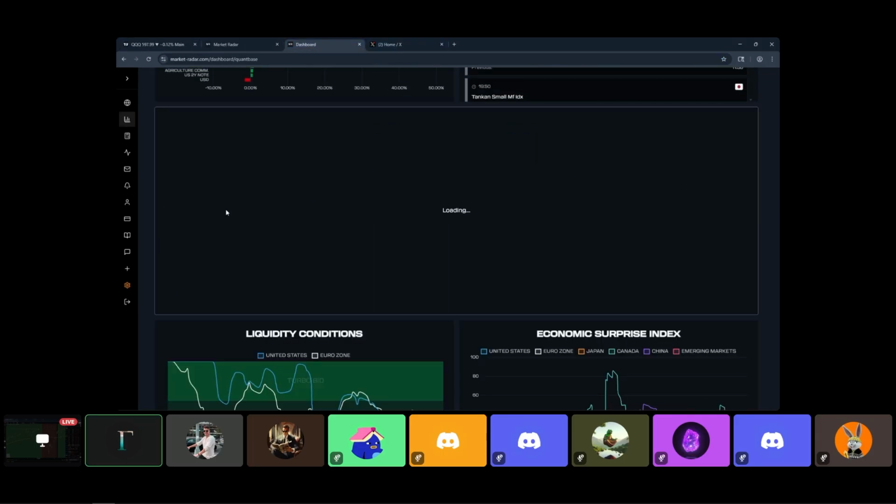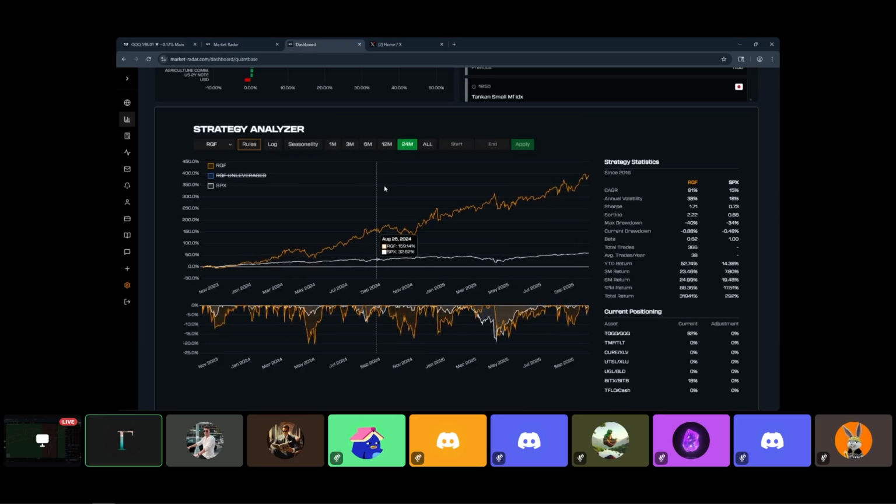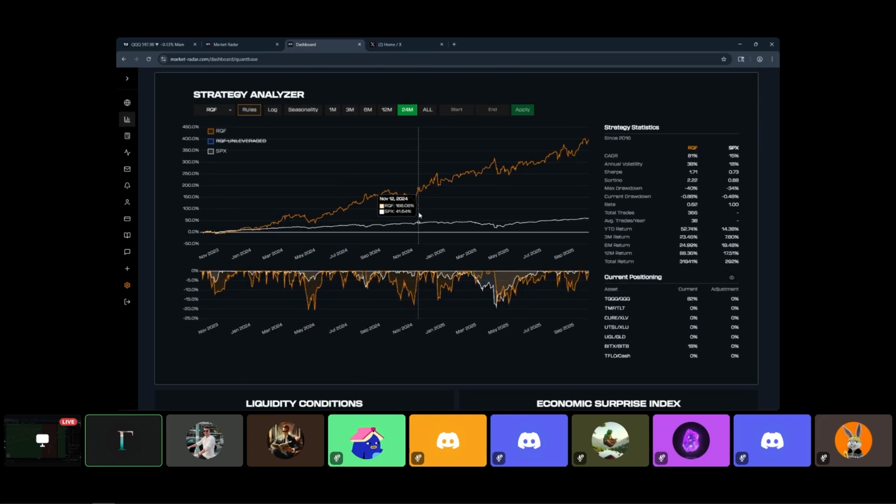We have two models. We have our public market model that's ex-crypto, which is stocks, bonds, healthcare, utilities. Depending on the regime that we're in, it determines what we buy. And our other model is Bitcoin.